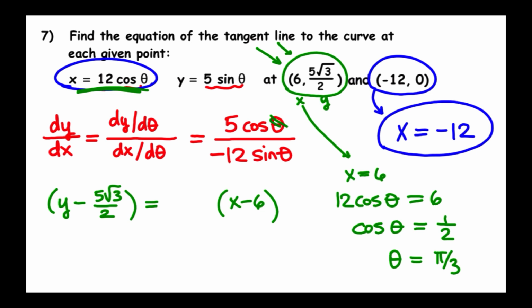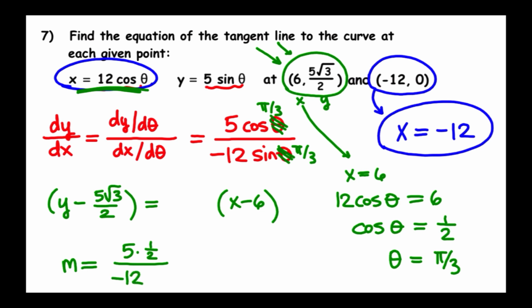And I'll take it up here to the red. We'll put in the pi over 3 and see what we come up with. This is going to get a little obnoxious. I'll come down here to the corner. The slope is going to be 5 cosine of pi over 3, which is 1/2. So 5 times 1/2 over negative 12.